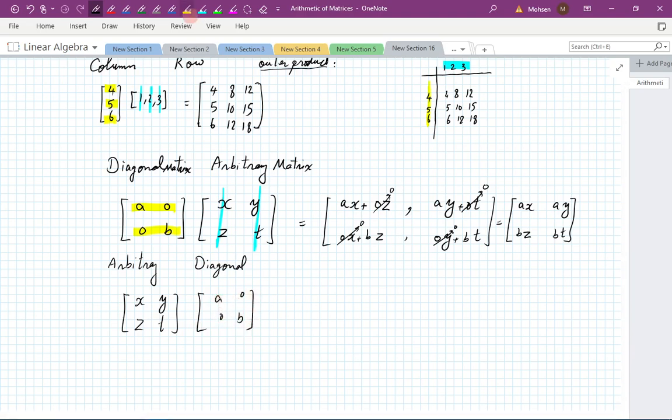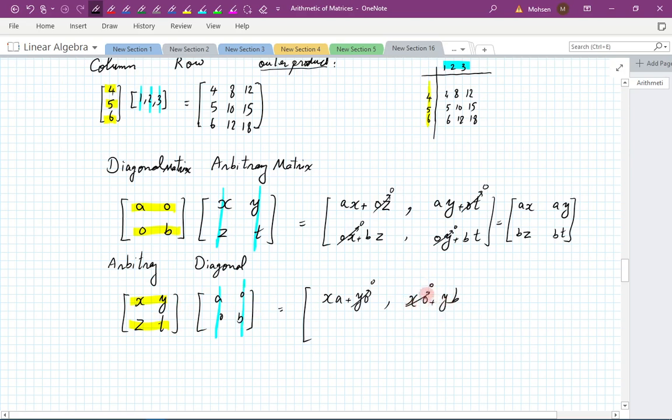How do we multiply? Again, rows of the first with the columns of the second. Let's go patiently and write that. XA, and then what? Y times 0. So Y times 0, of course that's just 0. So first yellow, second blue. So X0 plus YB.